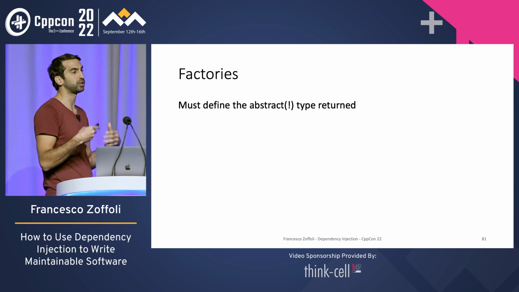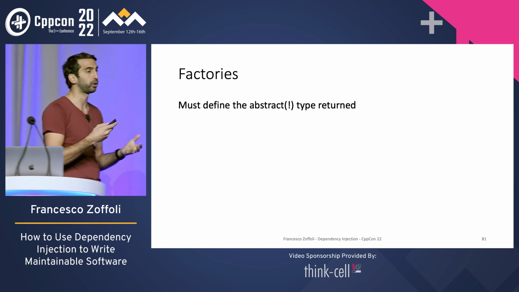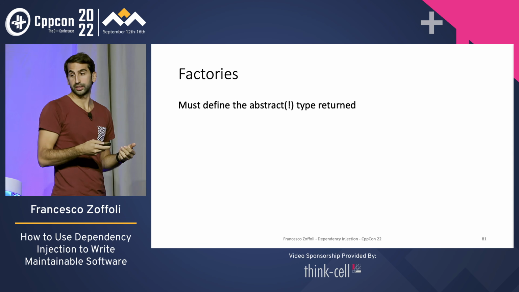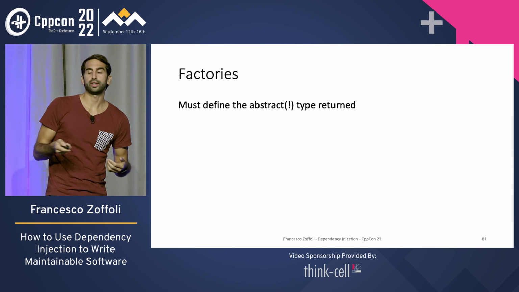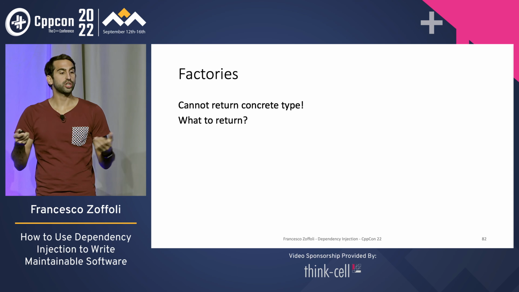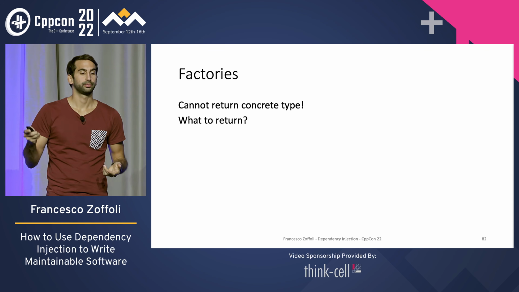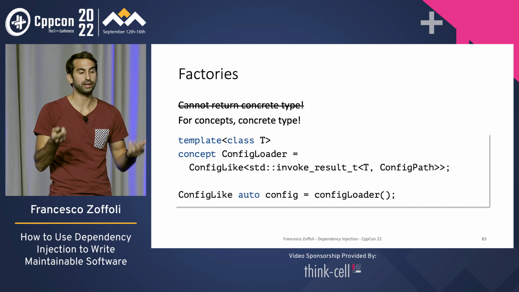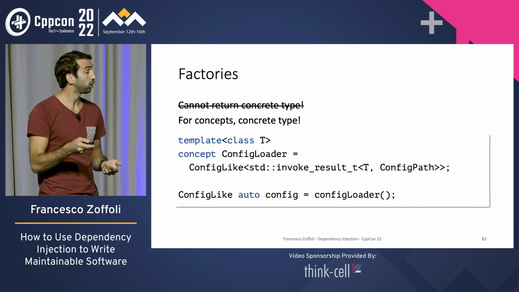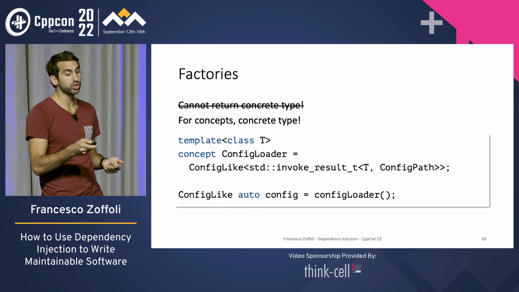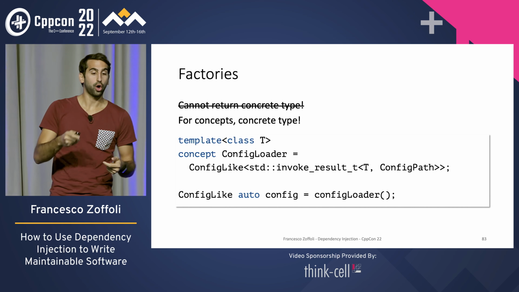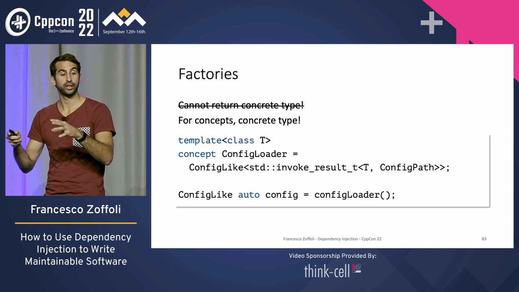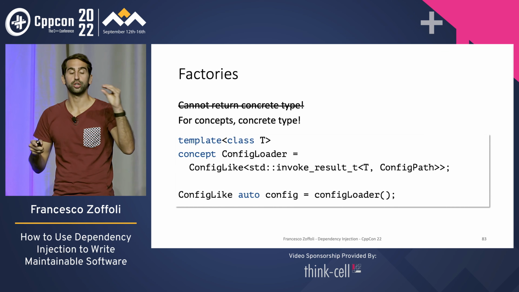So when we are creating the dependency, we need to define the return type. And this return type needs to be abstract because we want to program against the interface. So we cannot return the concrete type. So which type can we return? Well, I lied. In the case of static polymorphism, you can return the concrete type. With the concept, you can check that the result of calling your function satisfies another concept.